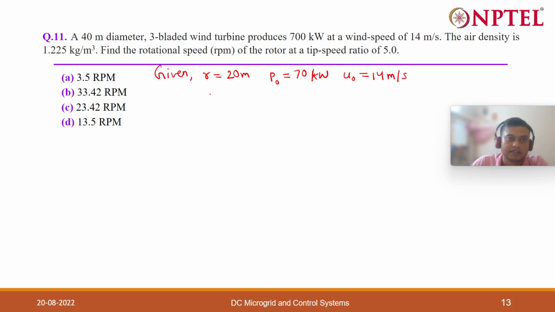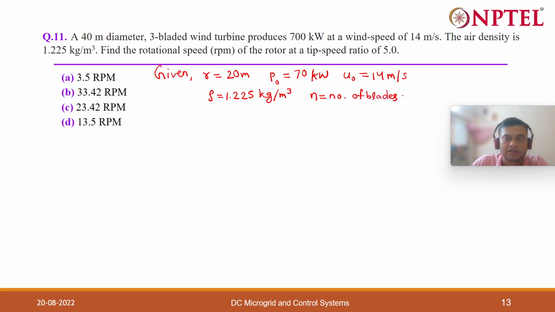The air density is 1.225 kg per meter cube, and we have the number of blades, which you can denote as n, given as 3.